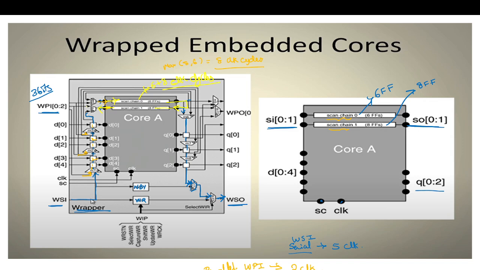But if we have just one bit for this SI. So in this way, configuring this multiplexer, we will have multiple combinations. Now, what is this bypass register? If you don't want to apply to this particular core A, we can just bypass this and then we can get it in WSO.